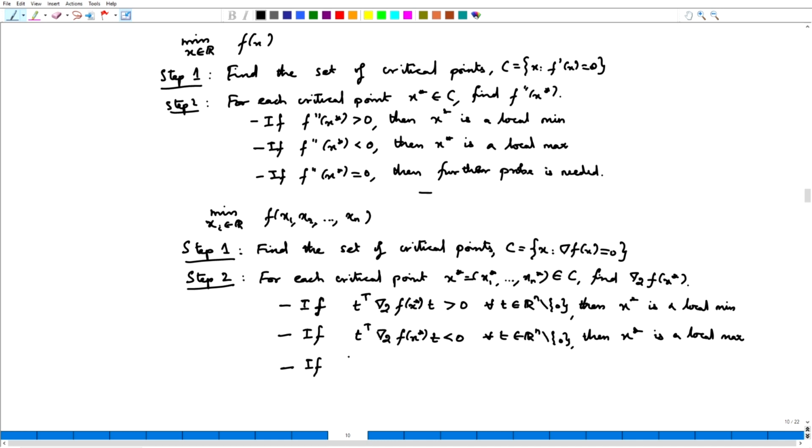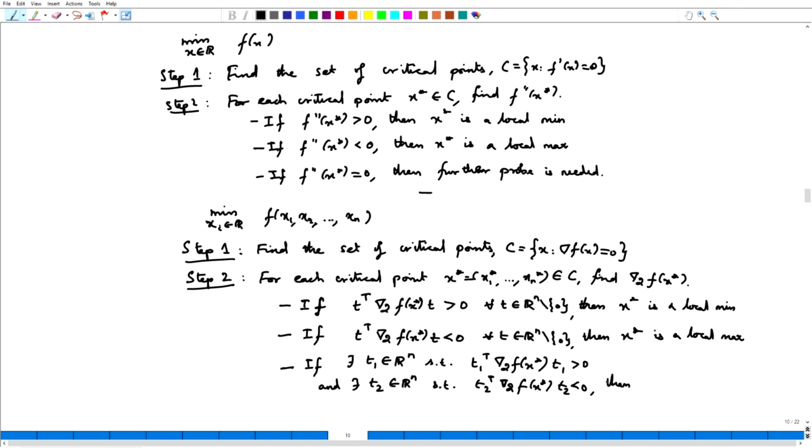If there exists a T1 in Rn such that T1 transpose del 2 f of x star T1 is greater than 0, and there exists T2 in Rn such that T2 transpose del 2 f of x star T2 is less than 0, then x star is a saddle point.